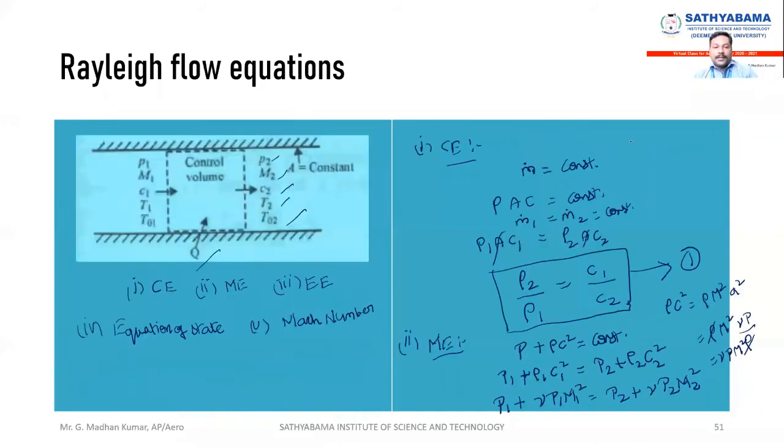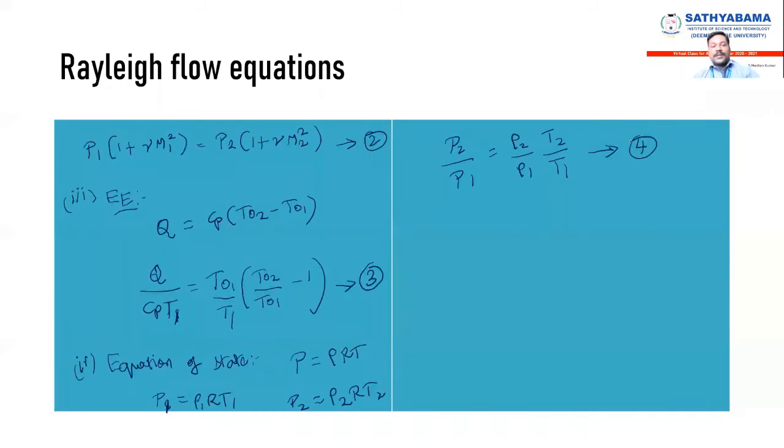And then finally we have Mach number. So the fifth one we are having is Mach number. Right? So what is your Mach number? M is equal to C by a.